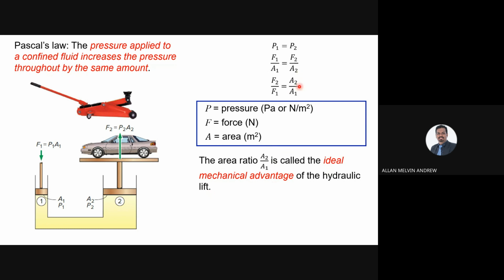So when you apply a small force, it can elevate the car to a higher place, because the pressure distribution is the same, even though the force is greater. This is one application that is really useful in our daily life.